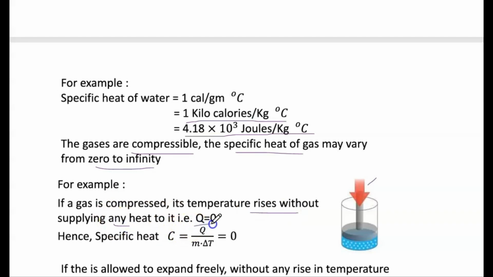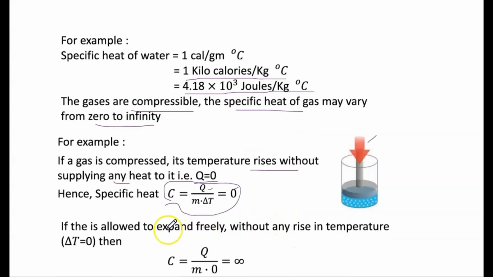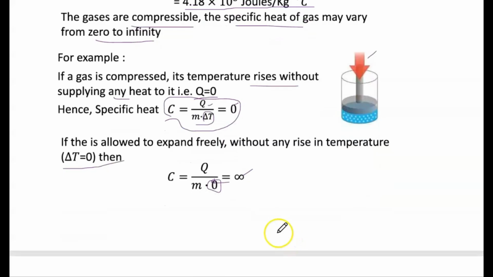So Q equals 0, and C is Q upon M delta T, so the numerator is 0 and C becomes 0. Now if the gas is allowed to expand freely without rise in temperature, delta T becomes 0, the denominator is 0, and C goes to infinity or is undefined. So in this case C becomes infinity.